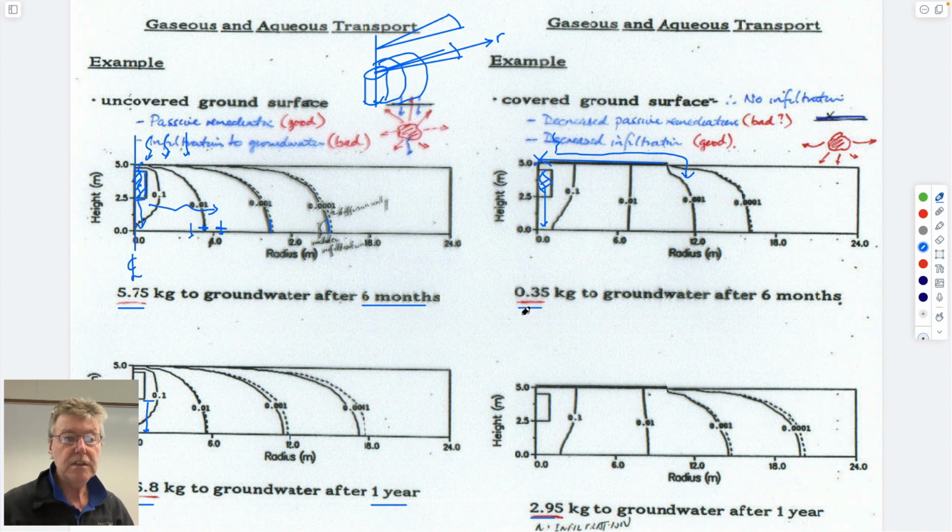Most of the resources that we take out of the ground would be in the saturated groundwater zone, so we perhaps don't care so much about this. But we do worry about what would go into the groundwater zone here and be carried downstream. And so that's why we have to be able to calculate how quickly it gets to the groundwater zone and in what loading. So now you can do that.